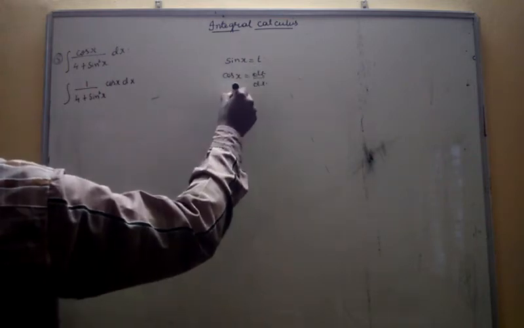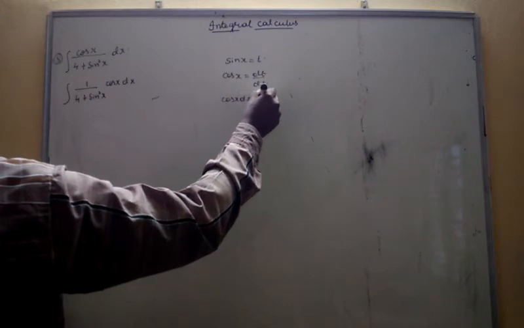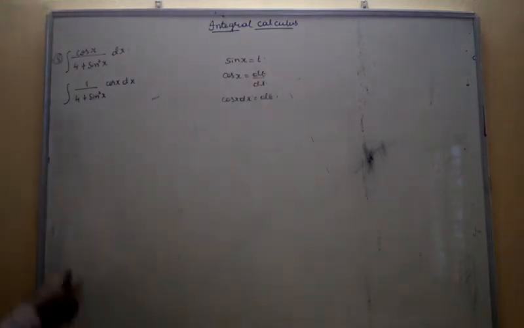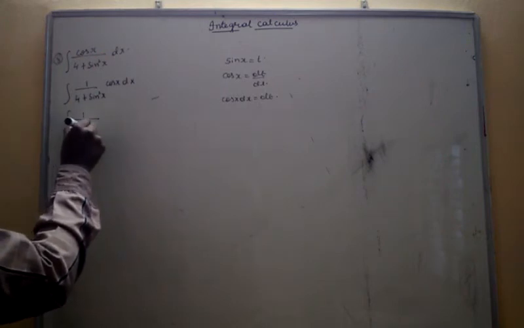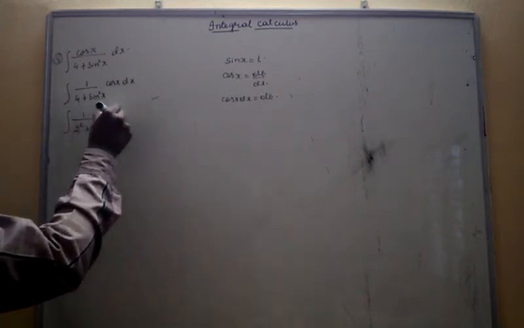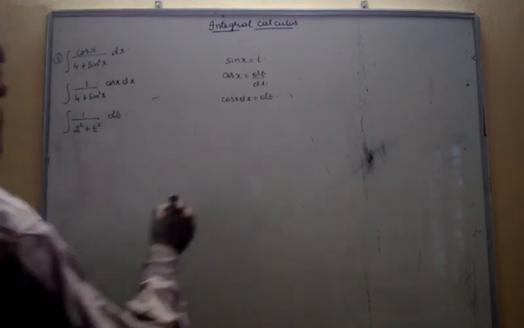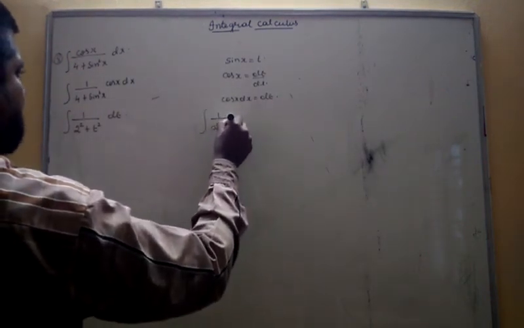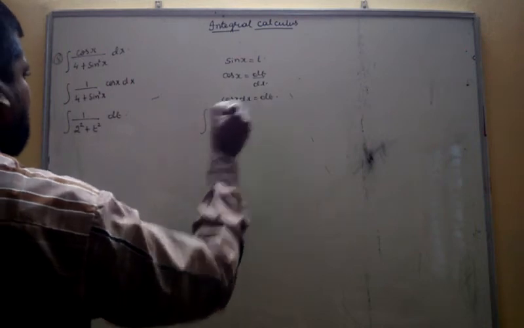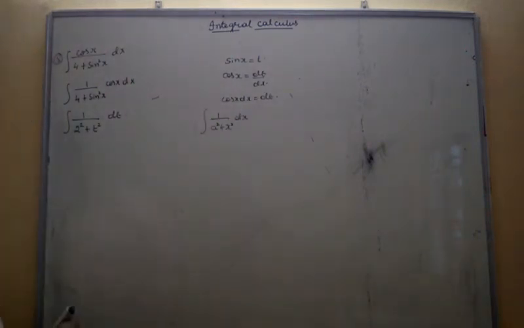Then cos x dx is equal to dt. So here integration of 1 by 2 square plus t square dt, and it is in the form of integration of 1 by a square plus x square dx.